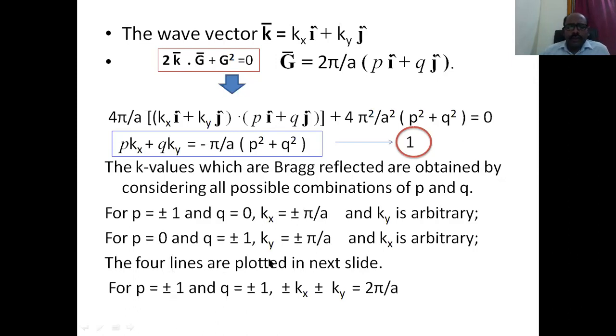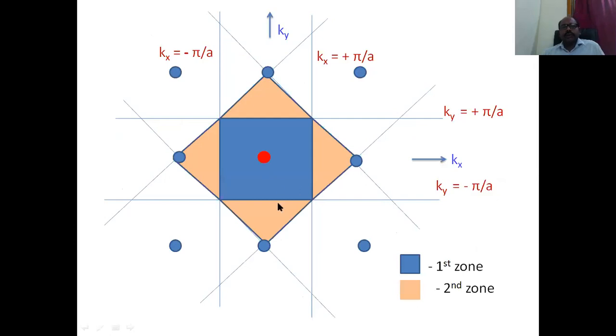At first we see this. We are taking one point as reference, and this is the kx axis and this is the ky axis.